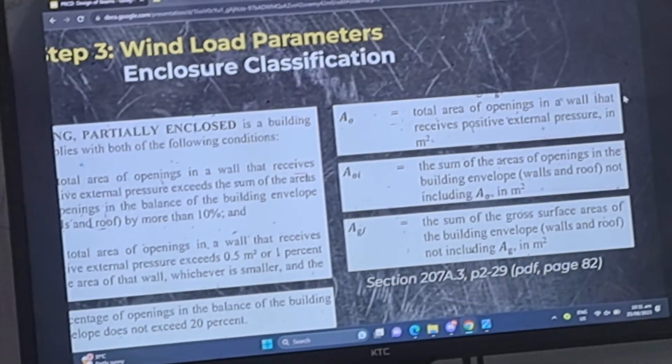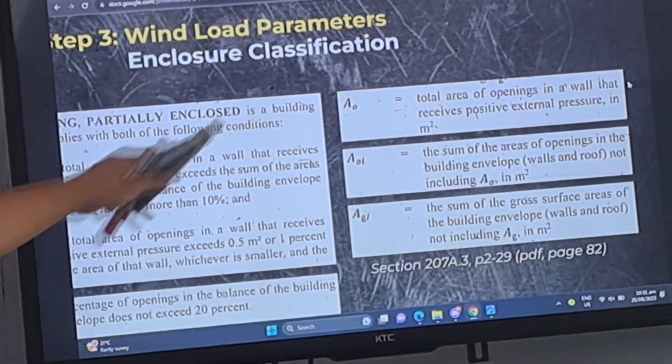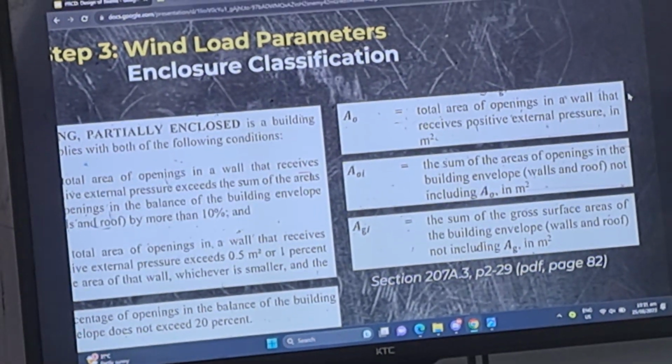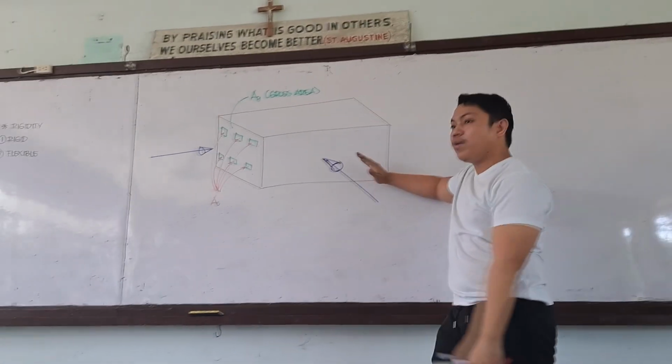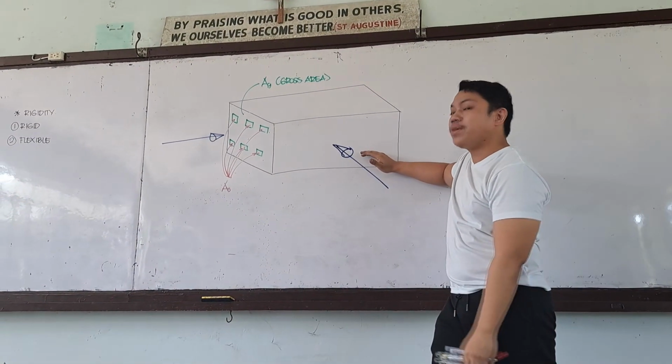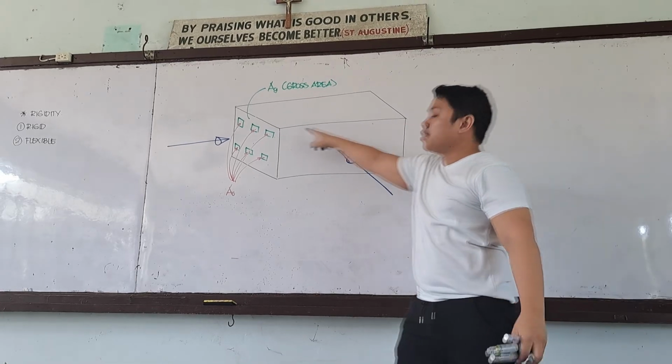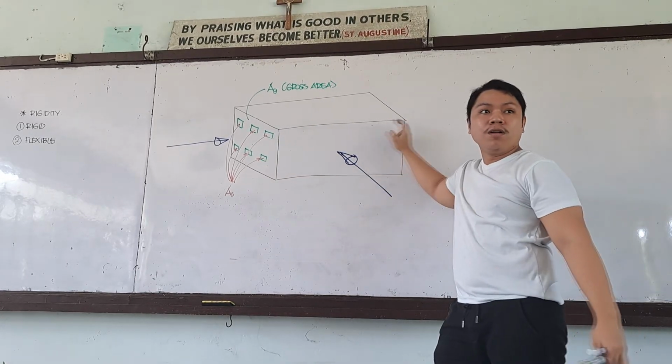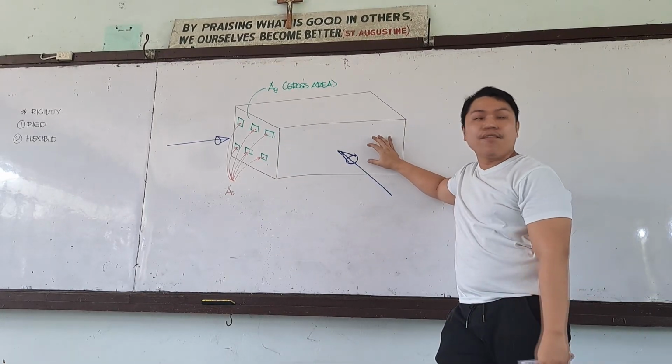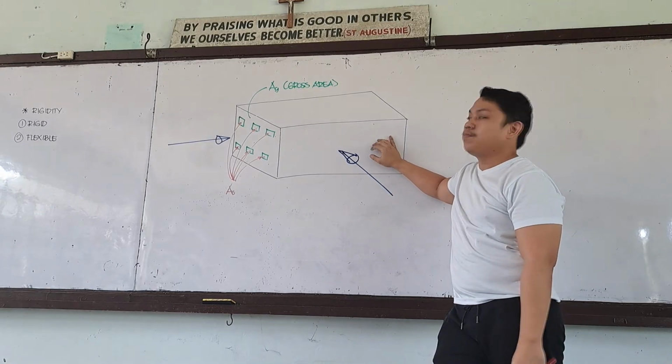AO is the total area of openings in a wall that receives positive external pressure. So, if ever ang atong prevailing wind direction is blowing perpendicular to which, amo ni consider na nga area sa atong na wall. Meaning first na nga checking if atong building is open or partially enclosed.